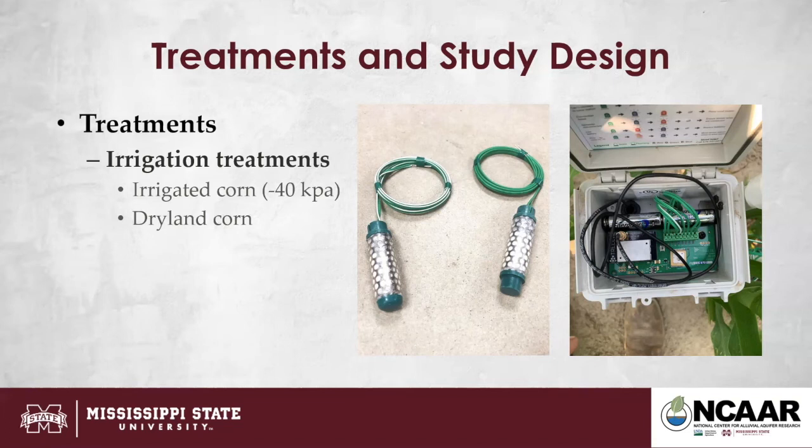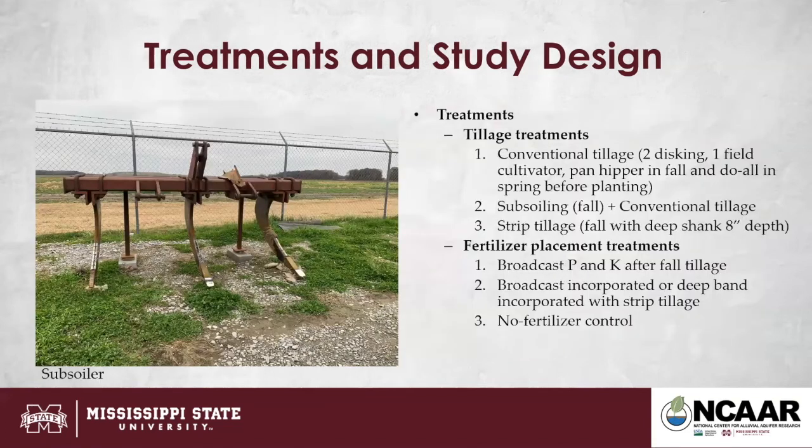The other was purely dryland corn. Our treatment structure was three tillage systems. One is conventional tillage. The conventional tillage, as I discussed earlier, was two diskings, one field cultivator pass, then a hipper in fall and a do-all in spring before planting.